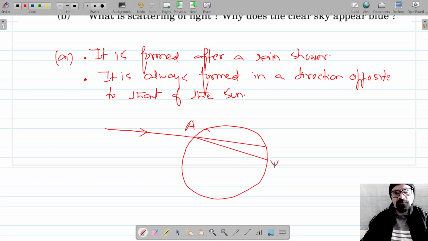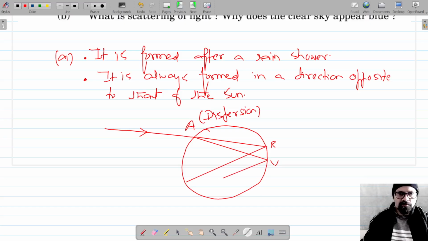So I'm going to show the most scattered and the least scattered colors, which are violet and red. This is the dispersion, splitting of white light into 7 colors, and at this point it's the reflection, but it's inside the drop, so we call it internal reflection.